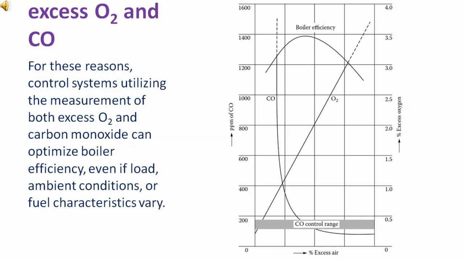For these reasons, control systems utilizing the measurement of both excess oxygen and carbon monoxide can optimize boiler efficiency even if load, ambient conditions or fuel characteristics vary.